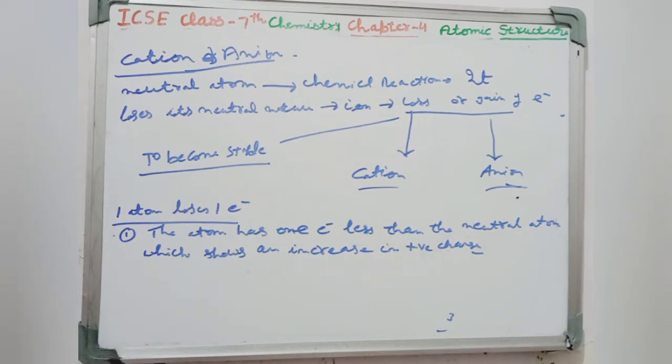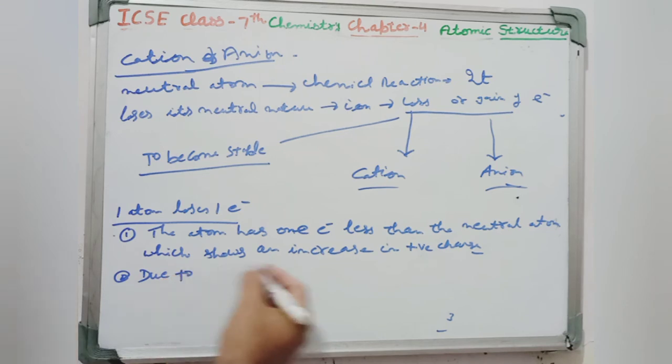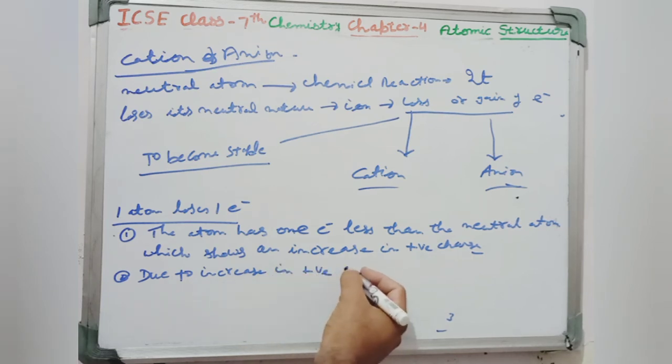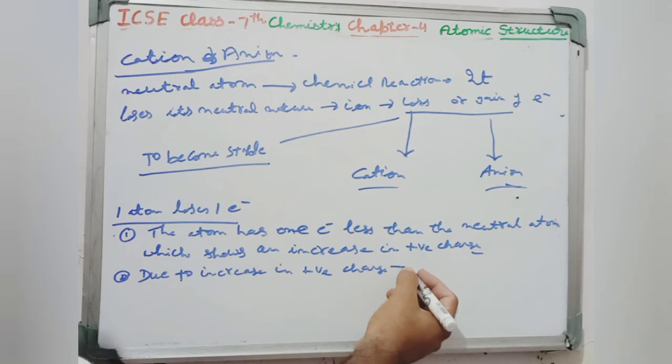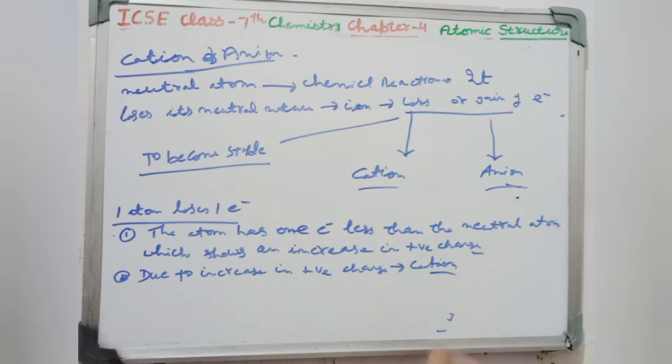When negative charge is decreased, positive charge increases. Number two, due to increase in positive charge, the atom is known as a cation, right? Because it is losing, so it is called a cation.